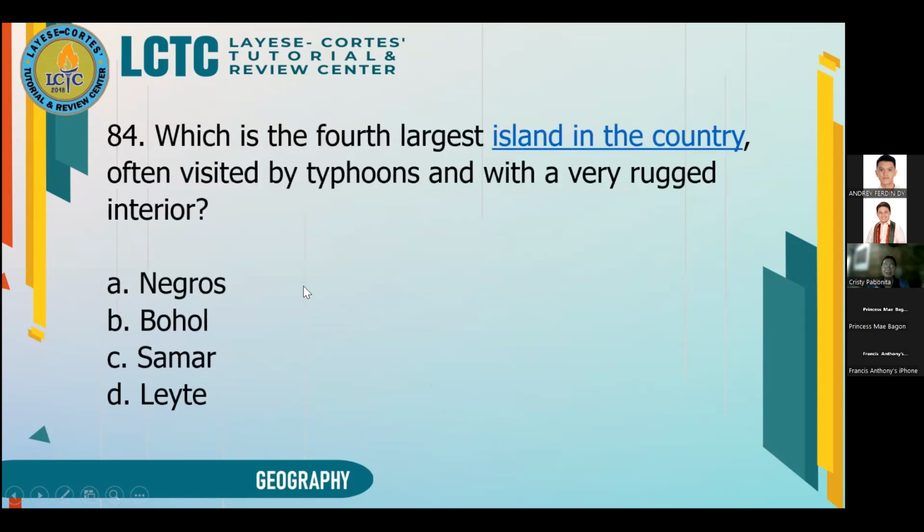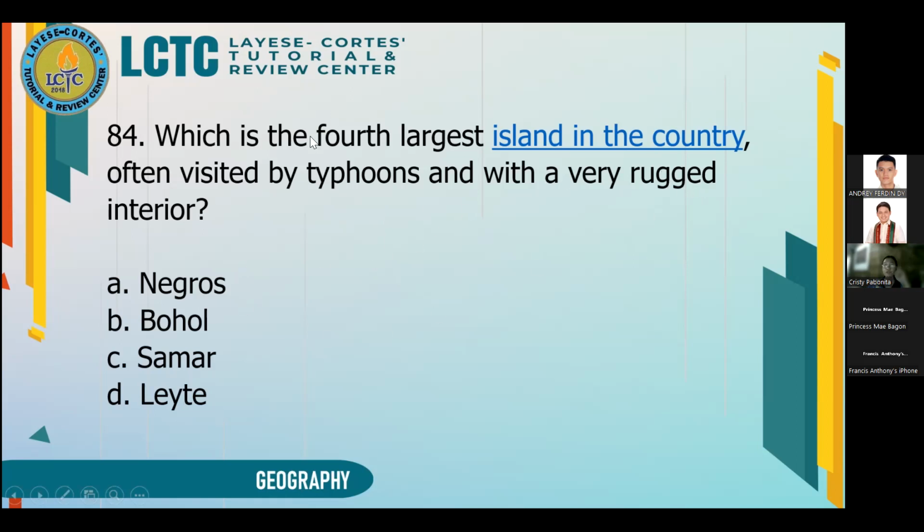Number 84. Which is the fourth largest island in the country, often visited by typhoons and with a very rugged interior. Even if you don't know, almost every part of our country, especially the eastern side facing the Pacific Ocean, is mostly visited by typhoons and has a very rugged interior.